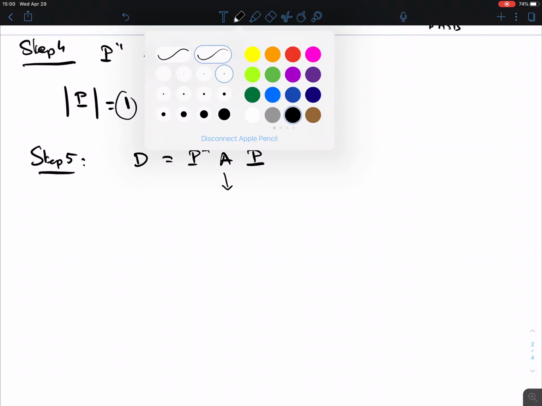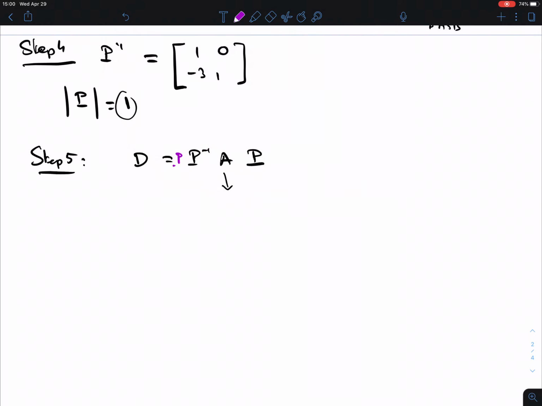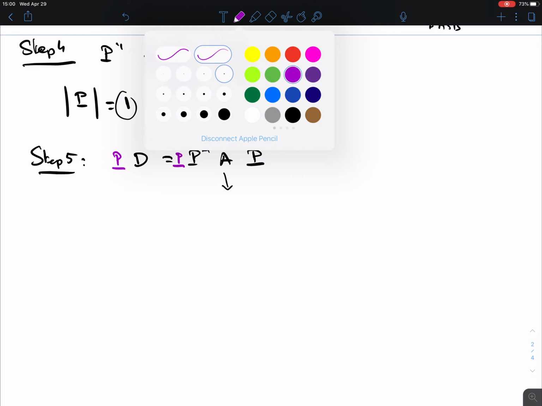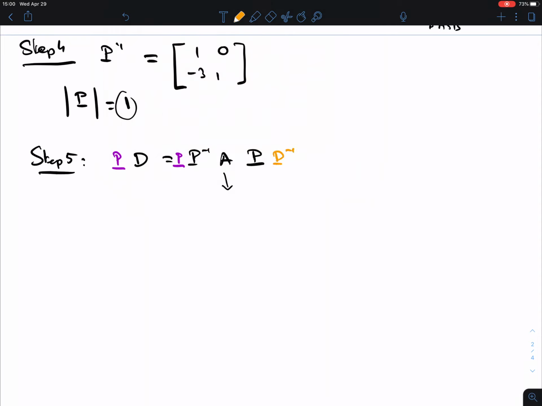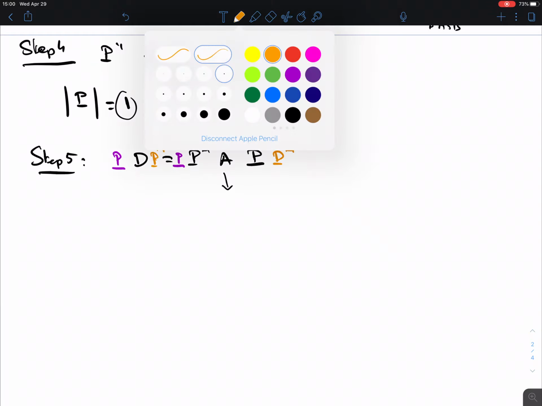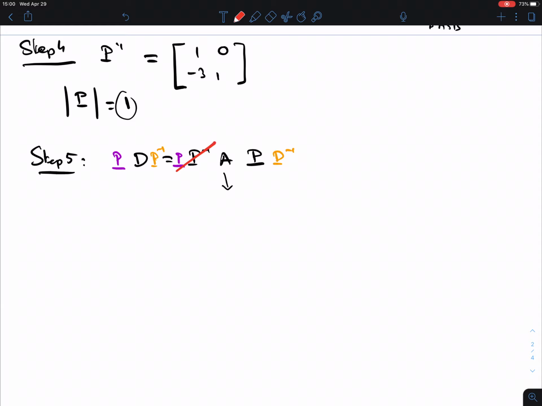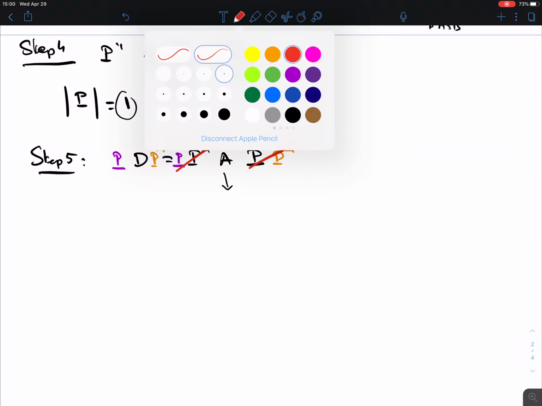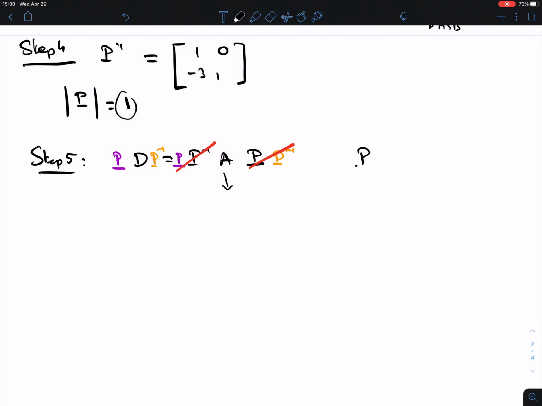So the first thing I'm going to do is multiply by P on both sides here. And then I'm going to multiply, in a different color, with P inverse on this side. Why do I do this? Obviously, these two guys cancel out, these two guys cancel out. So what I have is P D P inverse is just A.